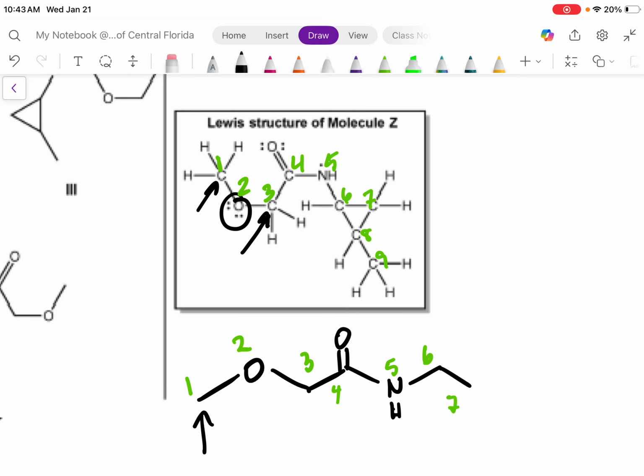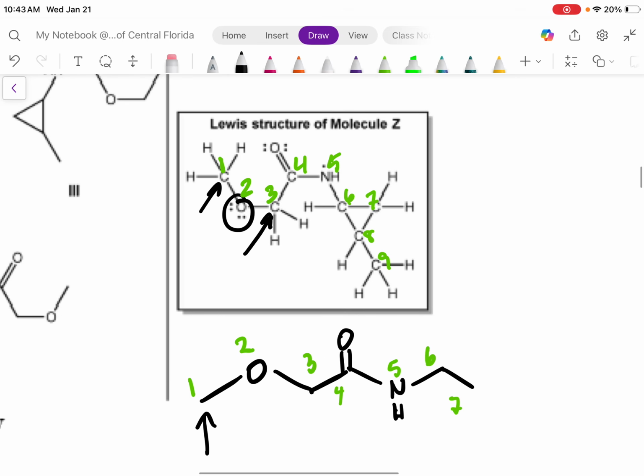Carbon 6 and 7 are also bonded to carbon 8, shown with that triangle there. And then we see carbon 8 is connected to carbon 9. It's a CH3 like that, but we're using our zigzag, so I'll just draw a methyl group like that. So that would have to be carbon 9 right there.